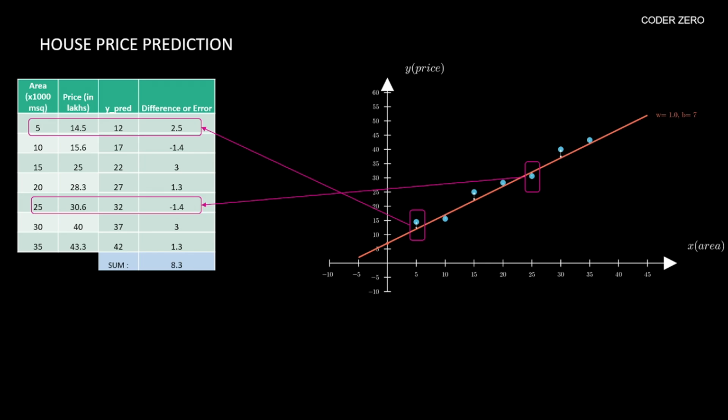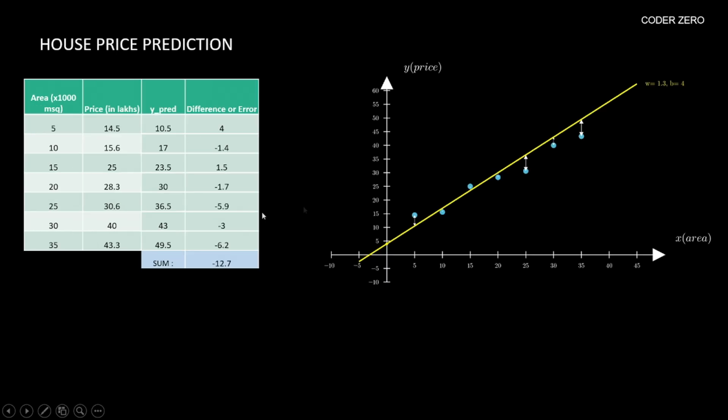Now if we sum all the errors, we'll get a sum of 8.3. So from this line we get a total error of 8.3. And if we do the same thing for this other line, we'll get a total sum of error of negative 12.7. This is negative because we have a lot of negative values in our difference.